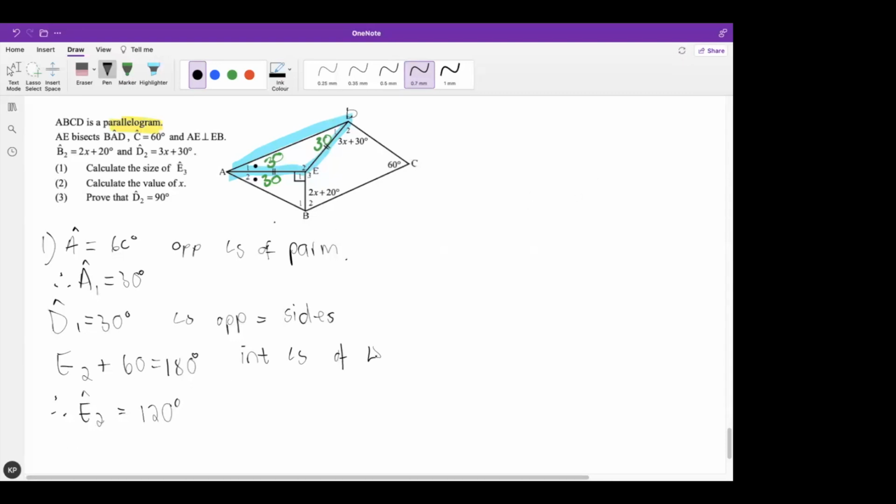Now how are we going to use that to find E3? Remind me again. How do we use it to find E3? They add up to 360. Thank you, Tammy. And there's someone else who said that. So then 90 plus E2, which is 120, plus E3 will have to be 360 because it's angles around a point.